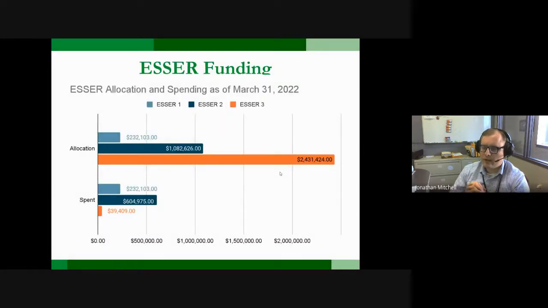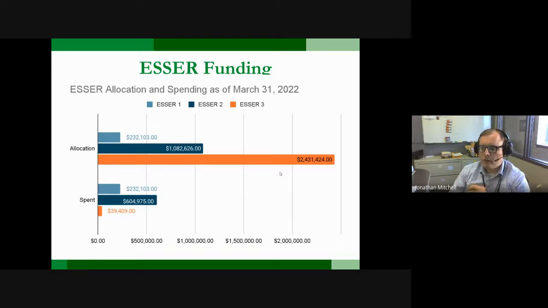Here's a chart that gives further information on the allocation and the expenditures of those ESSER funds. So that first round, which really goes into September of this year, allocation was $232,000 and those dollars have been allocated and spent in alignment with the grant.